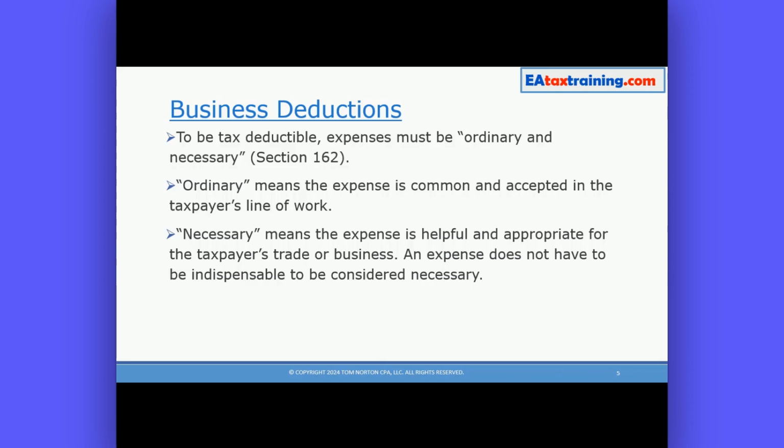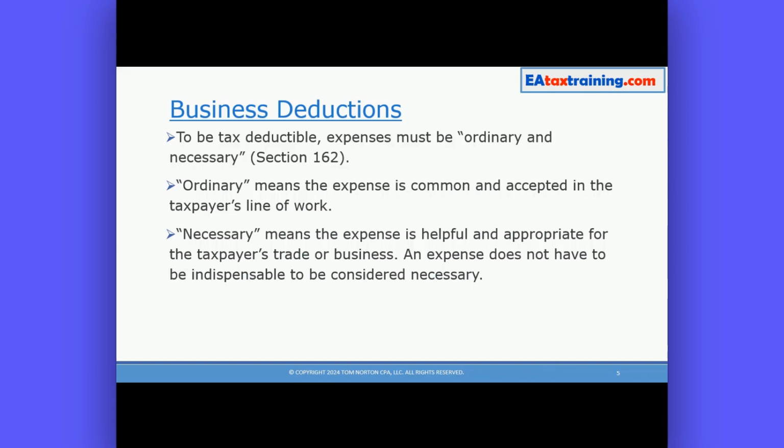Even when they say ordinary means the expense is common and accepted in the taxpayer's line of work, that's really not exactly true. You could have an expense that you're the only business in your particular industry that has ever had, and it could still be tax deductible. So I like to think of ordinary and necessary as meaning that in the deepest part of your being, you know that this is, in fact, a business related expense.